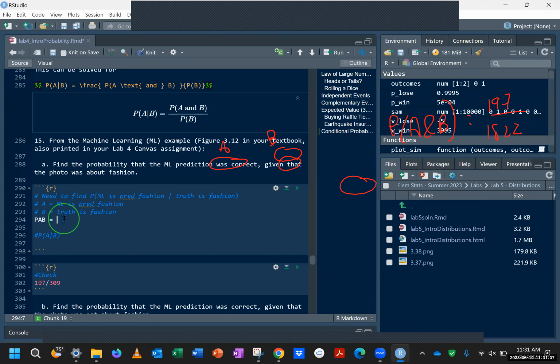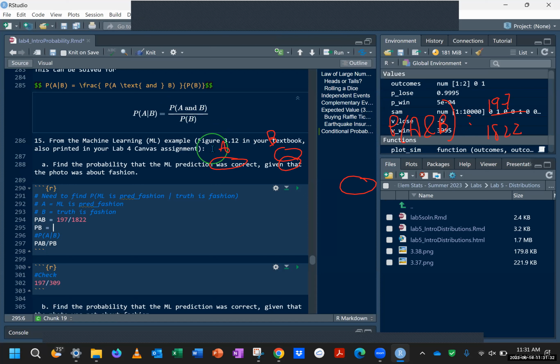So 197 divided by 1822. Okay. And let's find out what the probability of B is, because we can use our formula now. Probability of A and B divided by probability of B. If we can find that, then we can find our conditional probability.